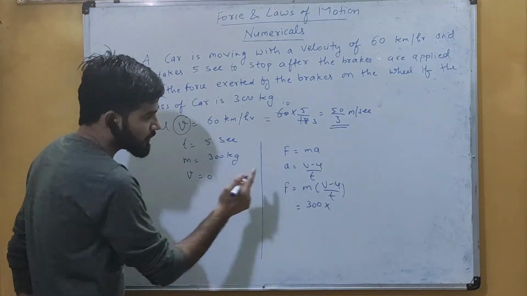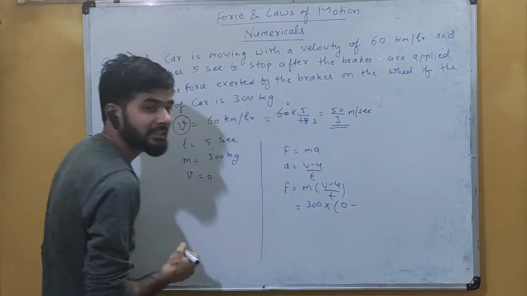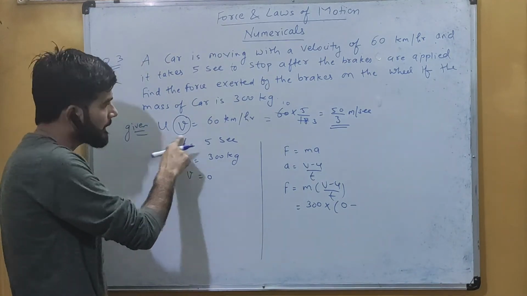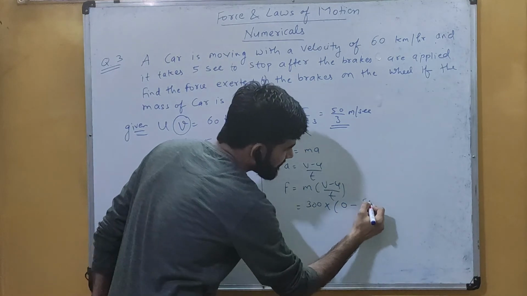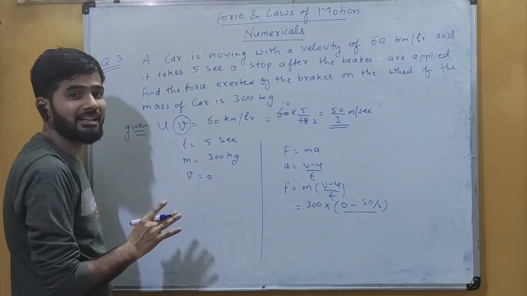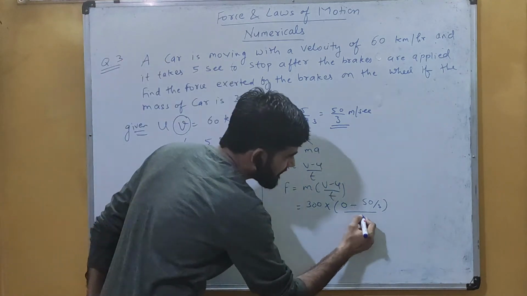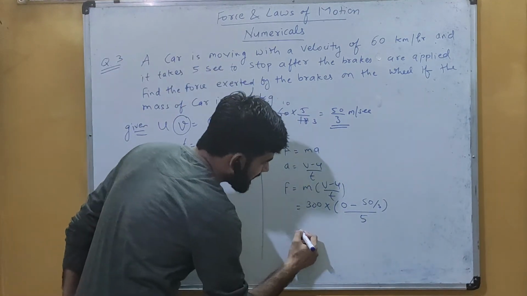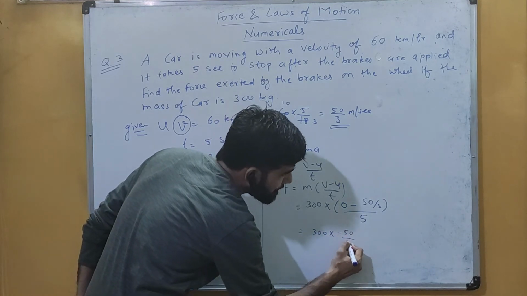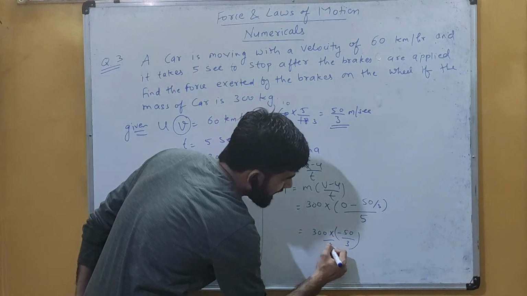The value of v is equal to 0 minus the value of u, the initial velocity with which the car was moving, that is 50 by 3, whole upon t, the time in which the car is getting stopped, that is 5 seconds. So here I can write 300 into minus 50 by 3 divided by 5.